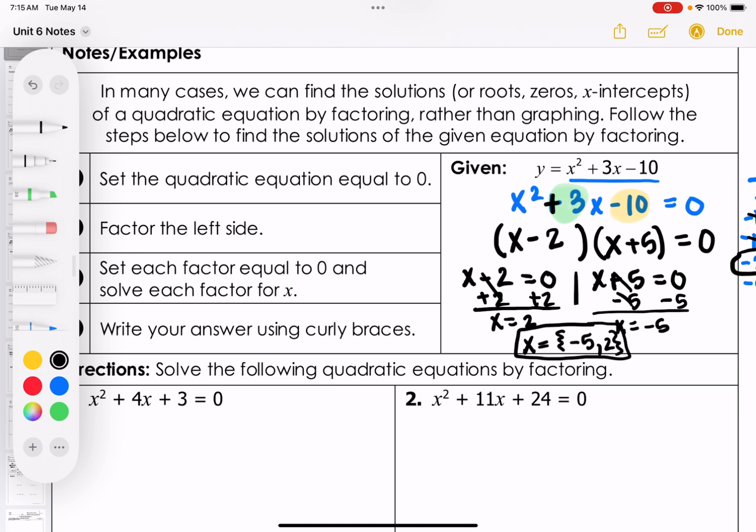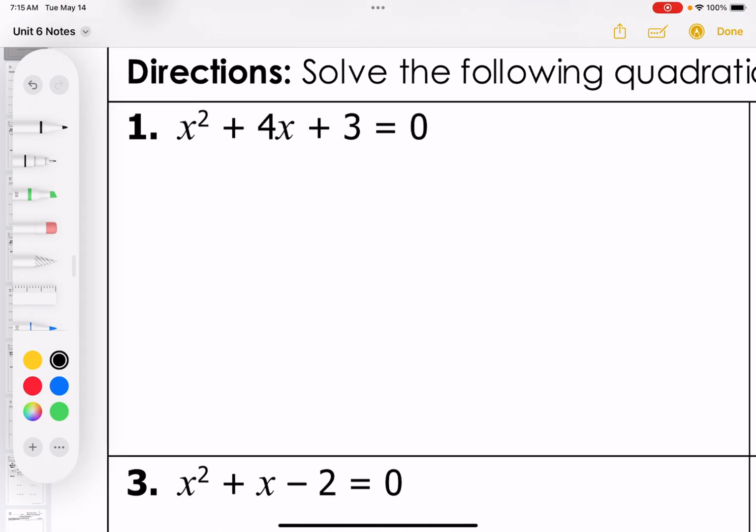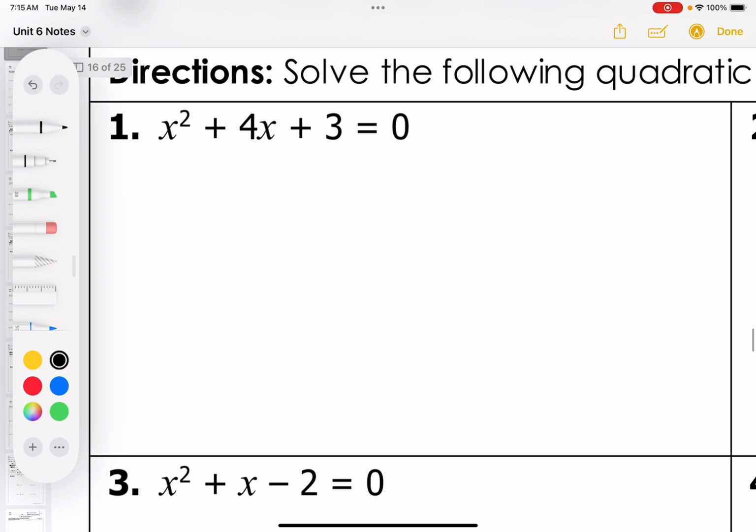All right, let's look at another example. We have x squared plus 4x plus 3 equals 0. It's already equal to 0, so I can move on to step 2, which is to factor the left side. I want to find all the things that multiply together to give me 3. 3 is easy because it's just 1 times 3.